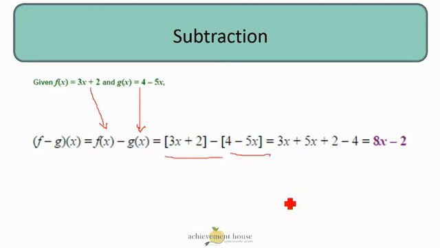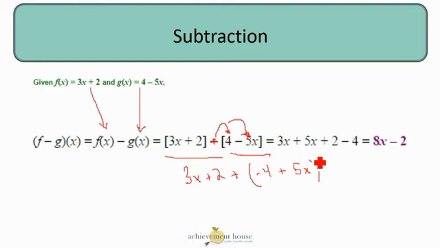One important thing to know for this is that you need to distribute, before you just drop the brackets, you need to distribute the negative sign into the 4 and into the 5x. So really, I have 3x plus 2 plus negative 4 plus 5x, which is what I have here.